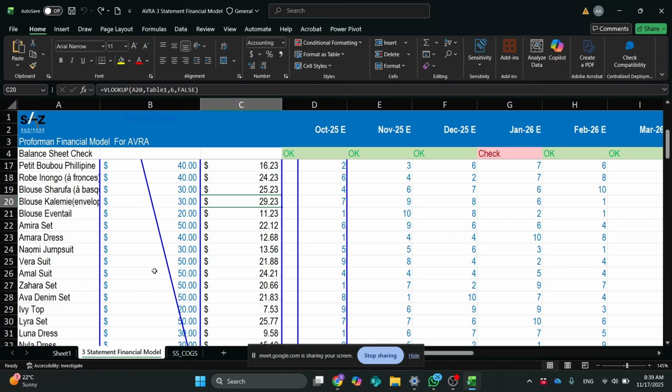Okay, I haven't understood correctly. Let's start from ground zero. What I'm saying is, when we are modeling, we don't put that 16%. When we collect the cash, the 16% will not go into our income statement.